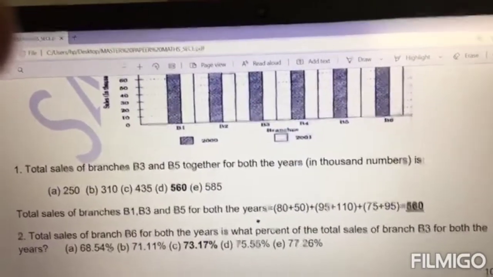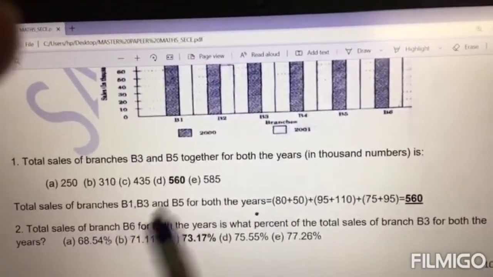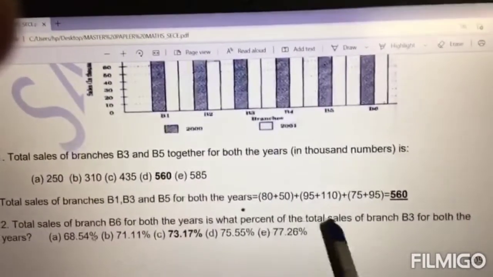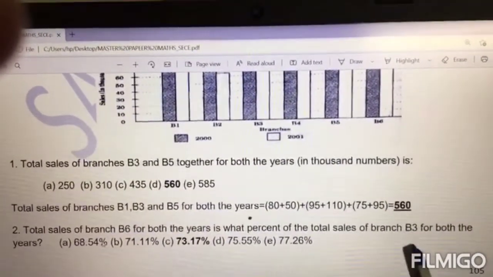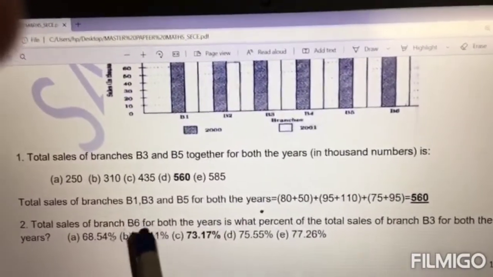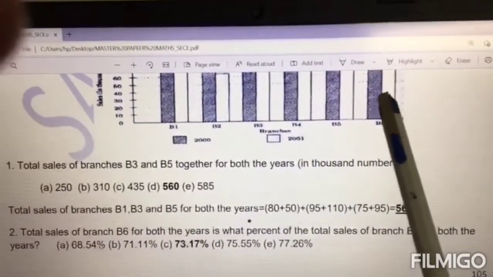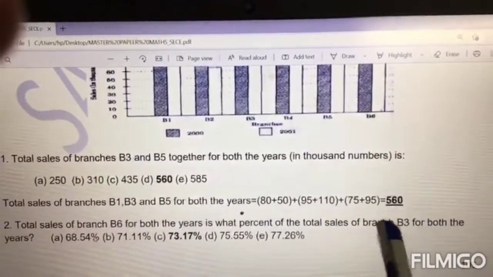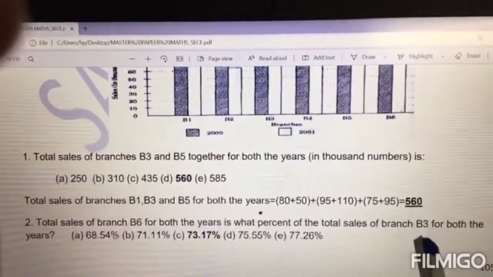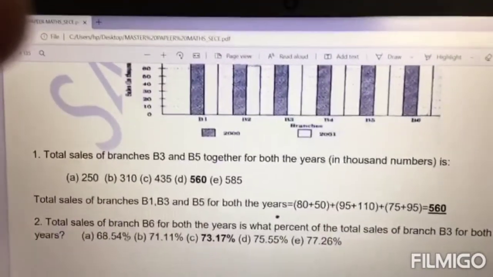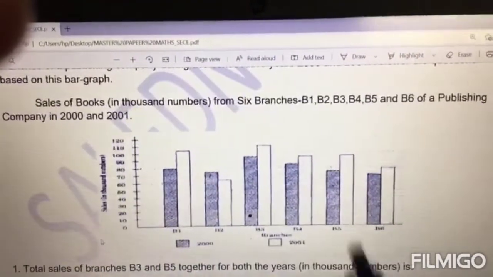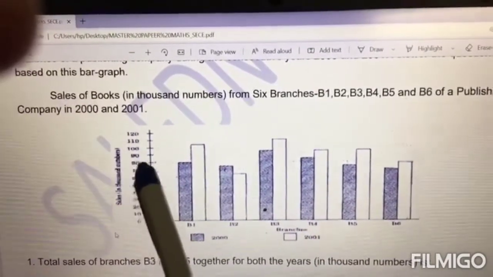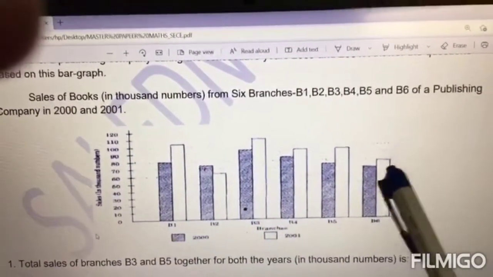Total sales of branch B6 for both the years is what percentage of the total sales of branch B3 for both the years? So you add up the sales for branch 6 in both years based on this graph, divided by the total sales of branch B3, into 100. For B6 in 2000 it is around 70,000 or 75,000.